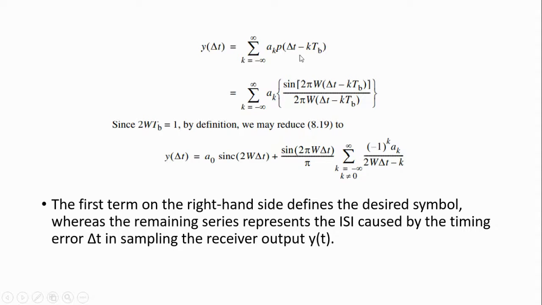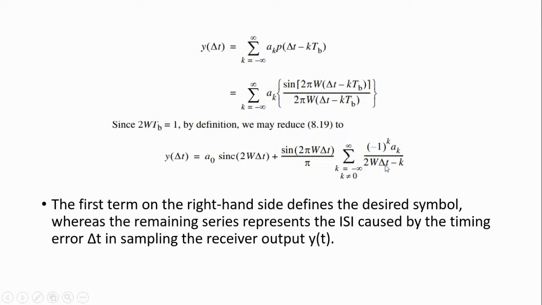If we expand this in terms of sinc, sine of 2 pi W (delta t minus kT_B) divided by 2 pi W (delta t minus kT_B), using sine of (a minus b) equal to sine a cos b minus cos a sine b, we get y of delta t equal to a_0 sinc of 2 pi W delta t plus sine of 2 pi W delta t divided by pi times the summation over k from minus infinity to plus infinity, k not equal to 0, of (minus 1) to the power k times a_k divided by (2W delta t minus k).